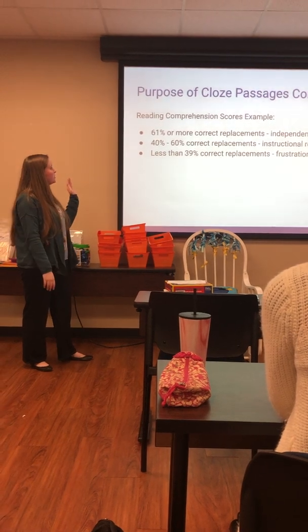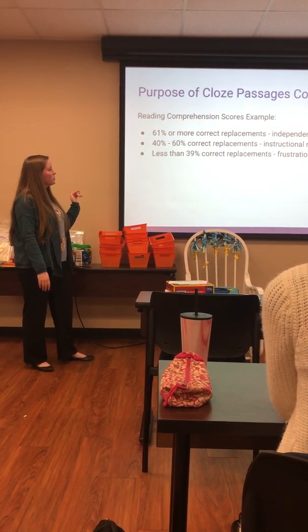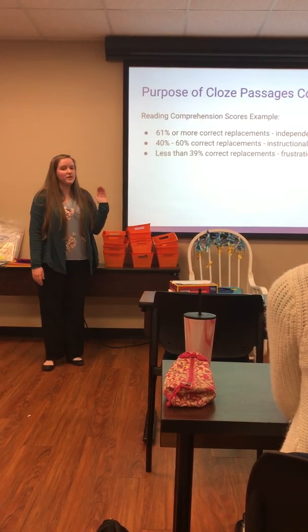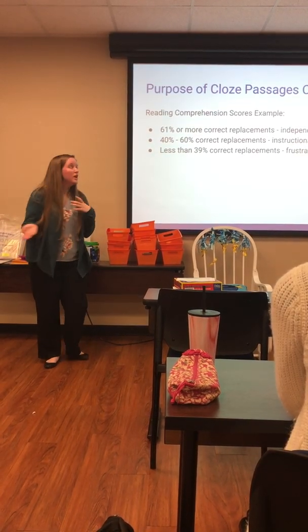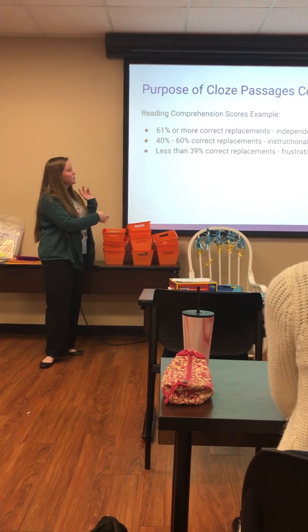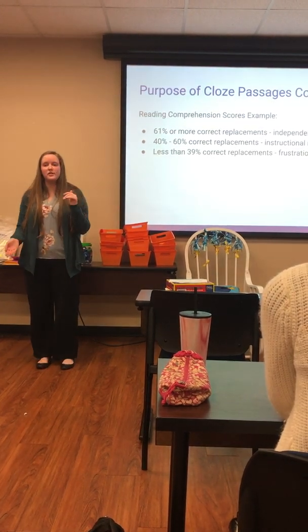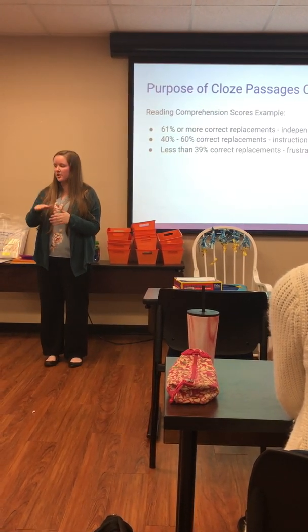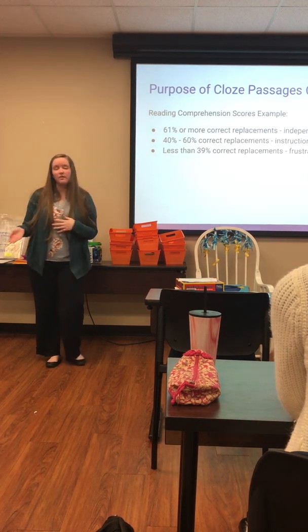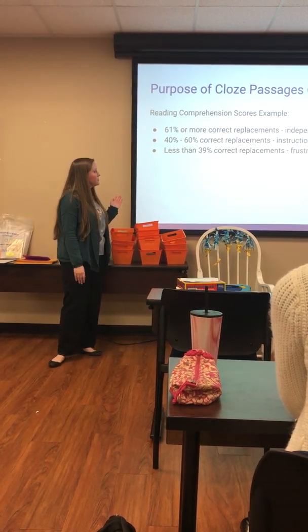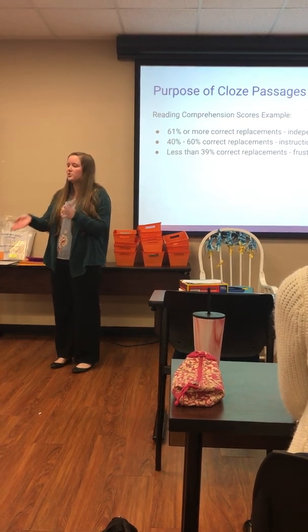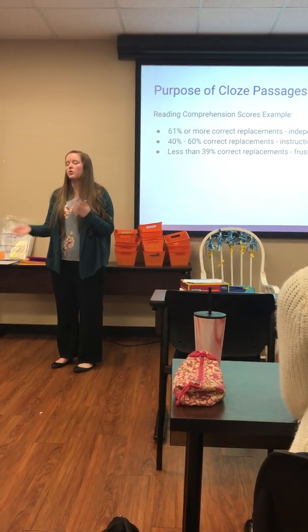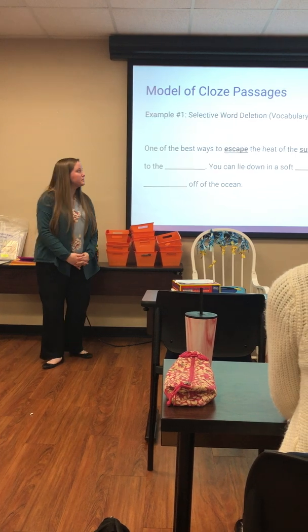If the student received 61% or more correct replacements, that meant the passage was at an independent reading level for them. If they received 40 to 60% correct replacements, that means it was at an instructional reading level, and is where they should be trying to improve. For less than 39% correct replacements, that was the frustration reading level, and maybe you should choose an easier passage or omit fewer words.